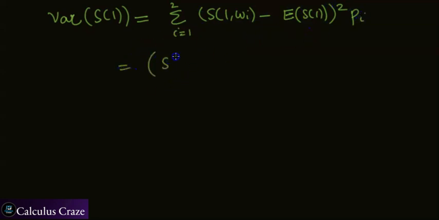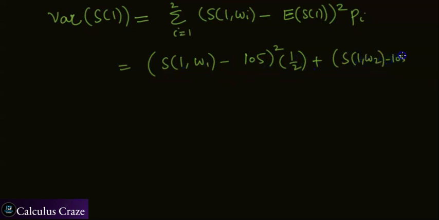It is going to be S of 1 at omega 1 minus the expected value 105, all of this squared, times the chance, plus S of 1 at omega 2 minus 105, all of this squared, multiplied by 1/2, because p1 and p2 are 50% in both cases.